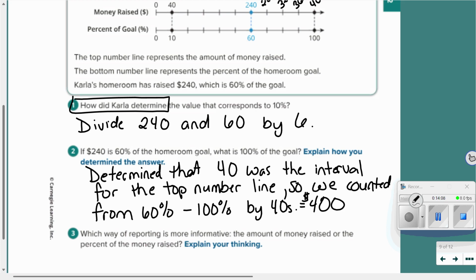Exactly. If I walked in here and said, hey, we've raised $240, does that tell you if I've met my goal or not? But if I walked in and said, hey, we've raised 60% of our goal, does that tell you if we've met our goal or not? So the percent is more informative. It tells us that we have more to go. Make sense?